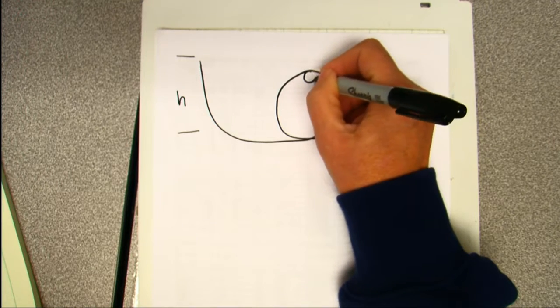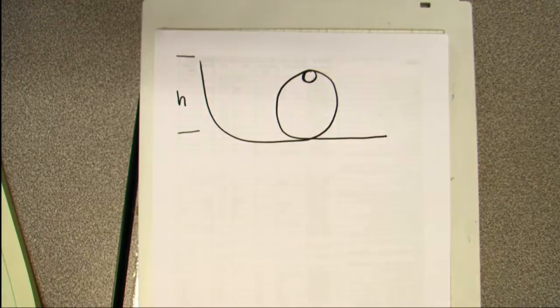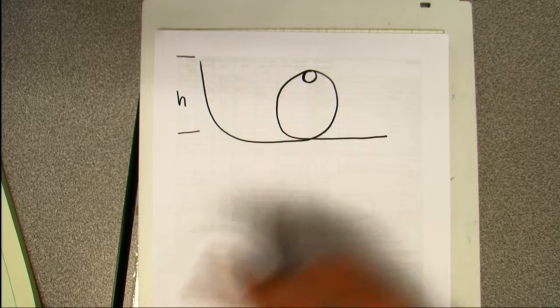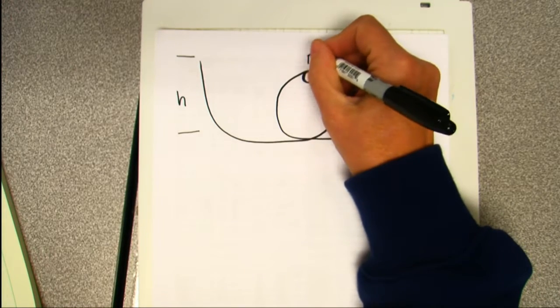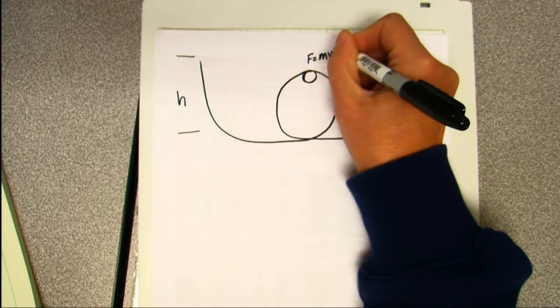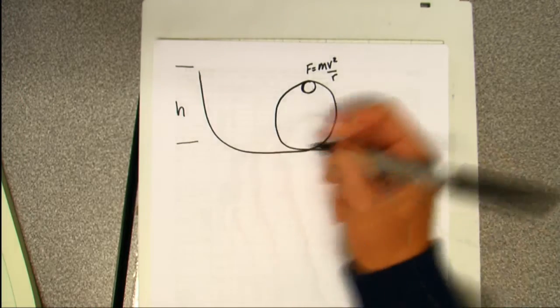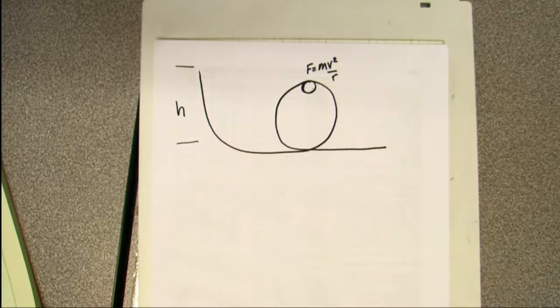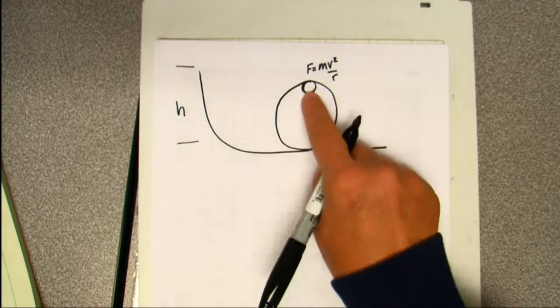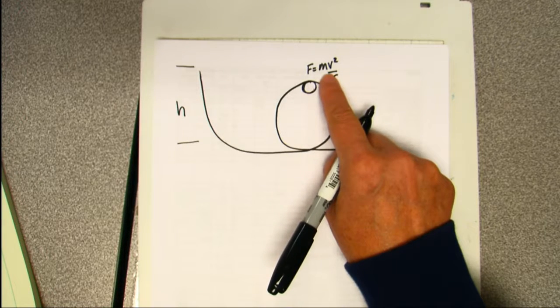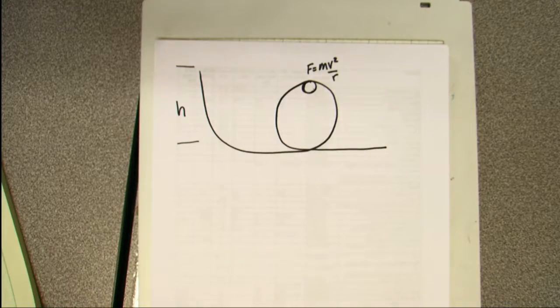In order to make the loop, the force up here has to equal mv squared over R. I showed you the Pepsi Max video of the guy doing it, and the gal calculates it, says it has to do with the centripetal acceleration, but the force at this point has to equal, in magnitude, mv squared over r.